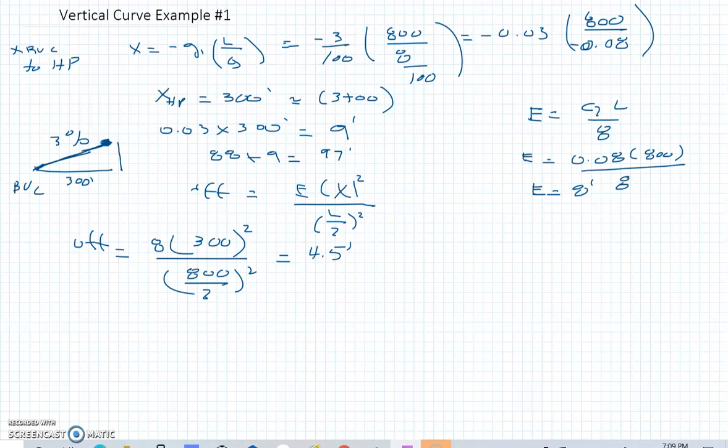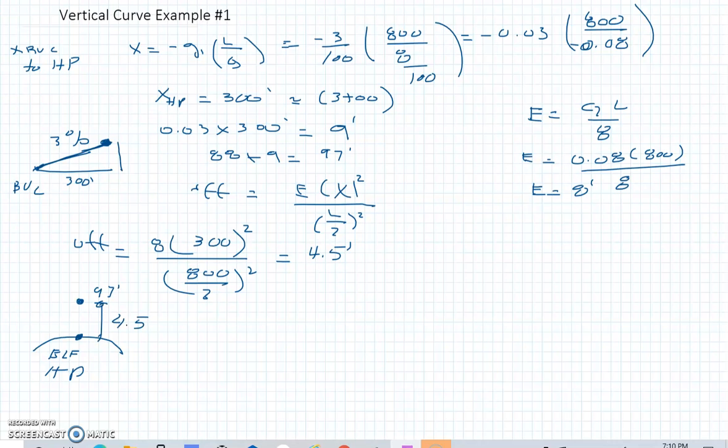Doing this, it will be 4.5 feet. Now this is the curve, and I need the elevation of the curve. I have this elevation, which is 97, and I found the offset, which is 4.5.